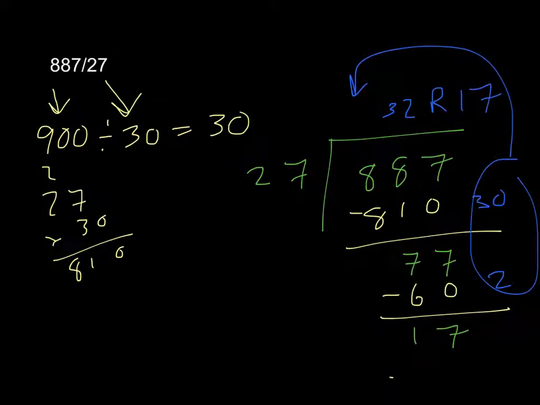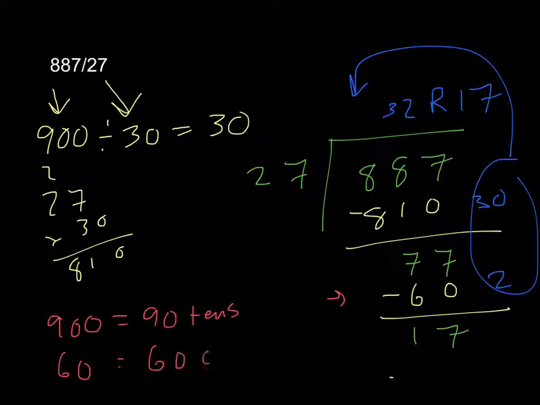The curriculum looks at it similarly, I guess, where instead of 900, it says 90 tens. And where we would have 60 here, we actually have it as 60 ones in the book. The big idea is that you're trying to break down the problem using estimation so that you can get in the general area and adjust from there.